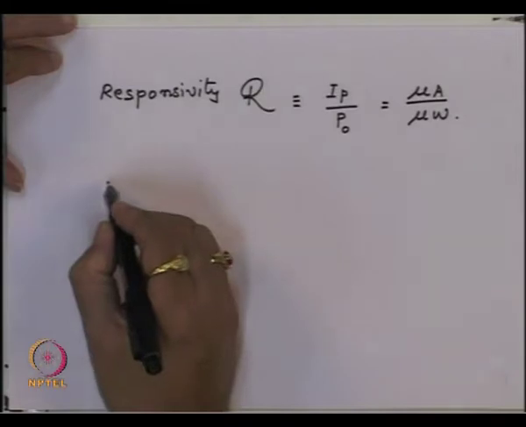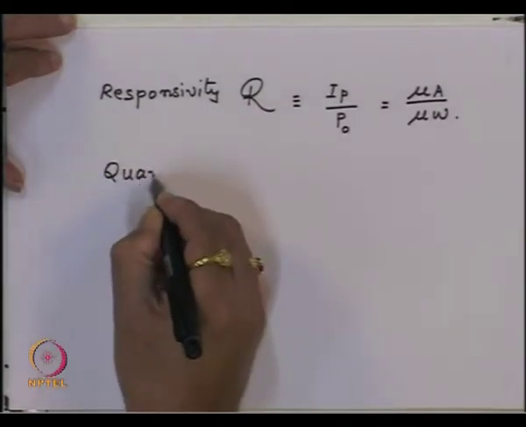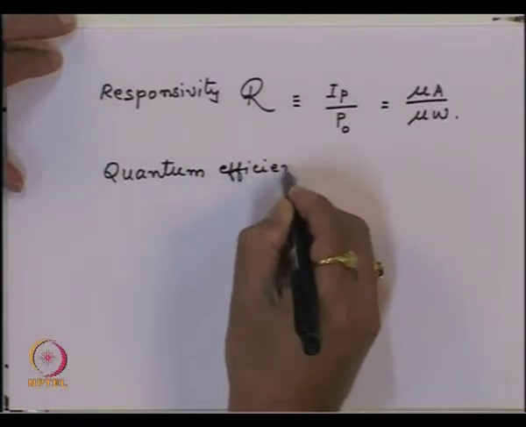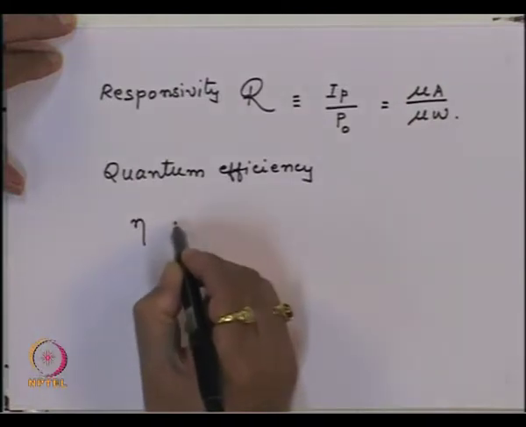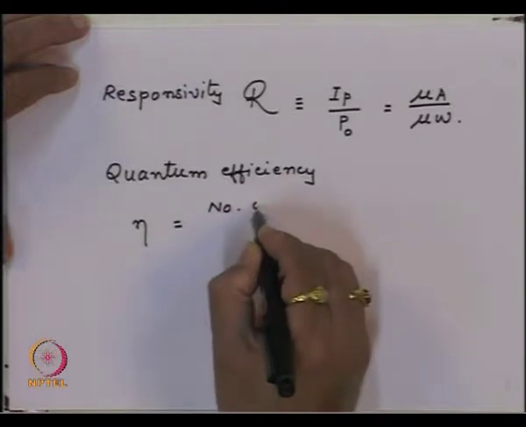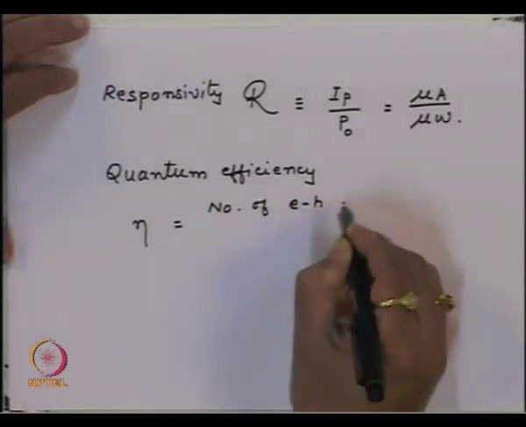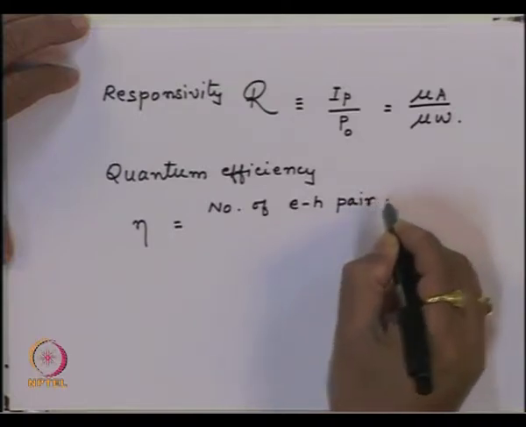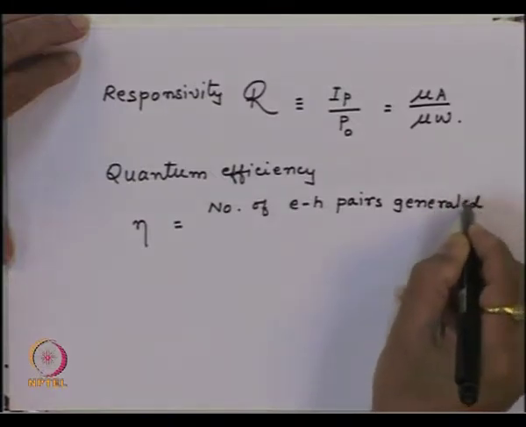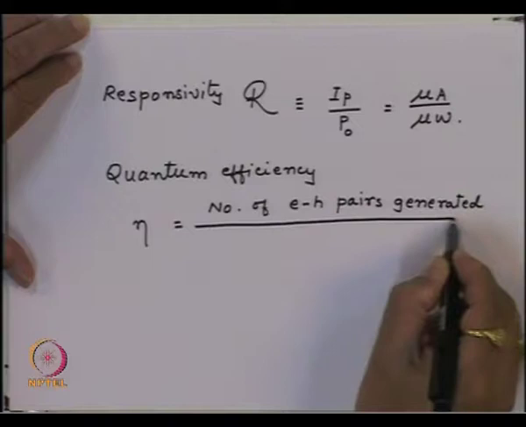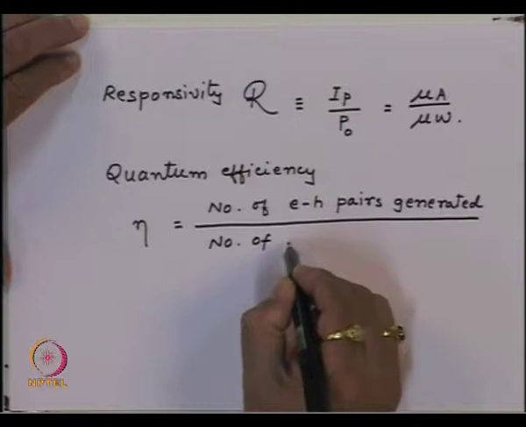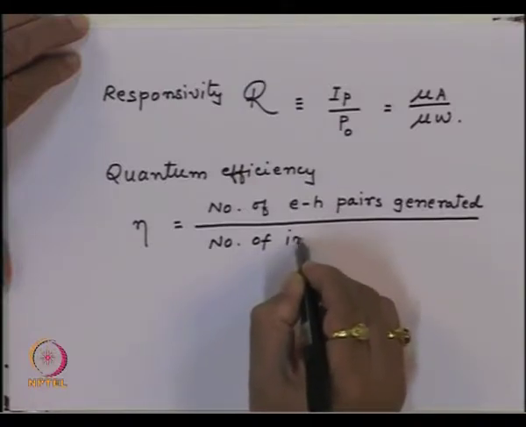So, in this case, the quantum efficiency eta is equal to the number of electron hole pairs generated divided by the number of incident photons.